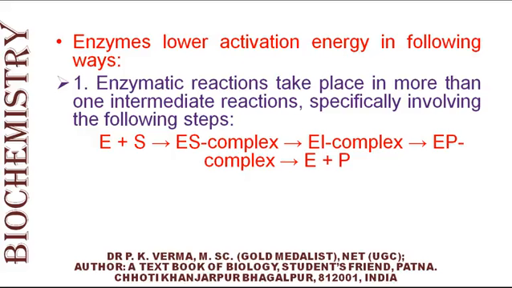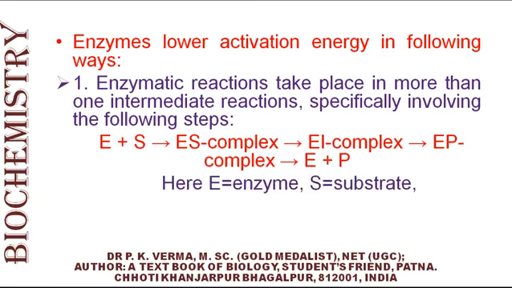Now the intermediate complex changes into product and the enzyme-product complex is formed. Lastly, the enzyme and product separate. So there are at least 3 steps in an enzymatic reaction: ES complex, EI complex and EP complex. At each stage, only a smaller part of the energy is needed.